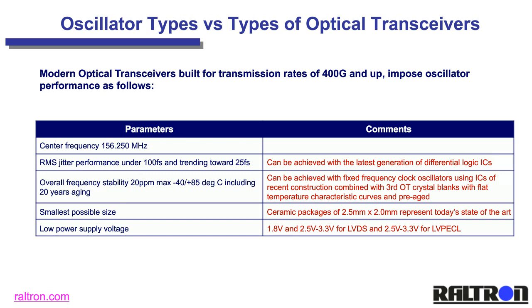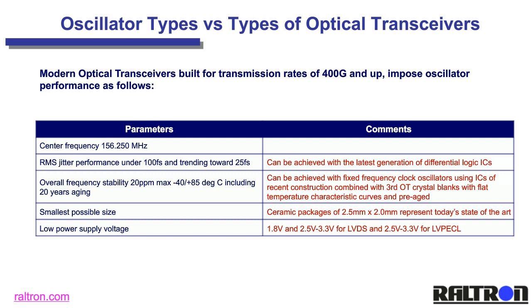Thirdly, and remember, this is why I showed the sizes of the optical transceivers, the size of the oscillator must be as small as possible because there is no room in there. And the state of the art today is 2.5 by 2.0 millimeters.